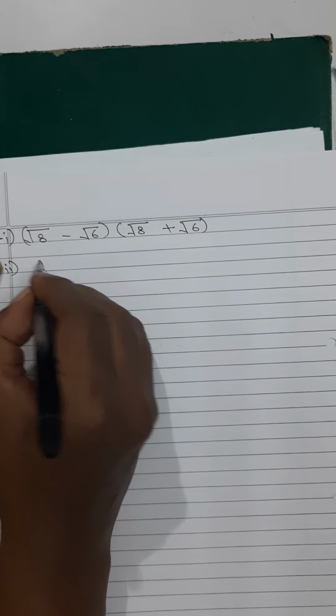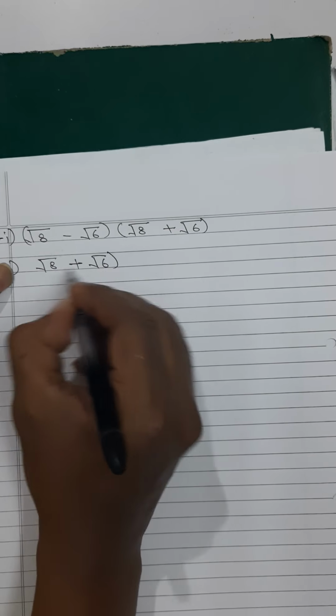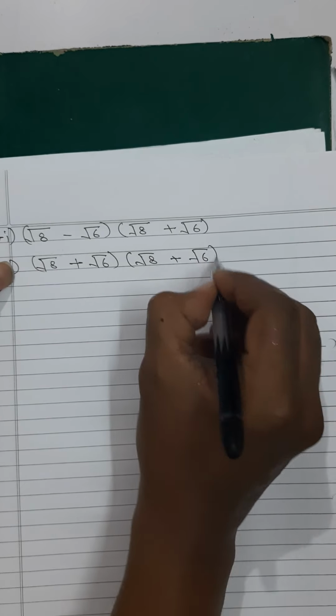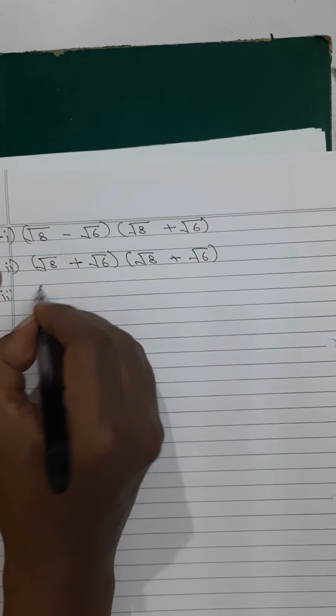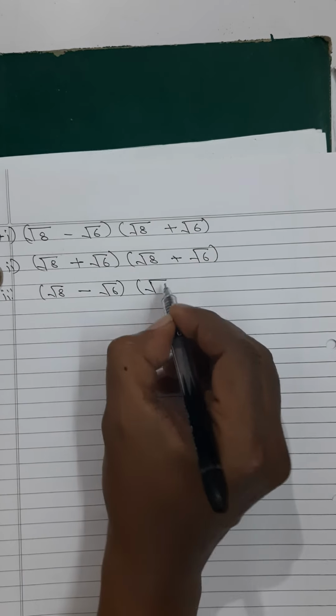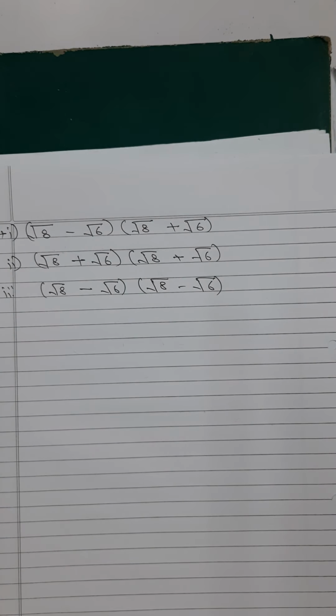Second, if I have root 8 plus root 6 into root 8 plus root 6. Third, I write root 8 minus root 6 into root 8 minus root 6. See, can you understand the difference between the questions?